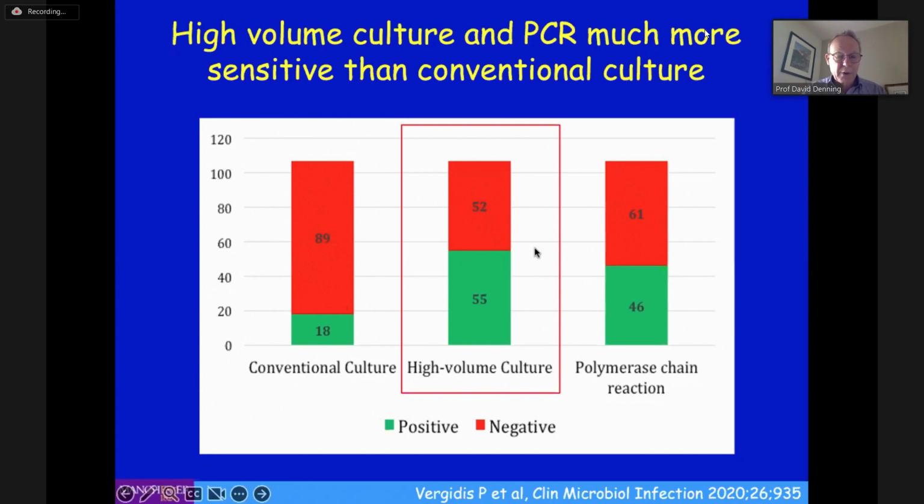If you do a high volume culture, so you plate at least a mil of sample, and you don't pre-process it with Sputasol or dithiothreitol, you get a higher yield, around 50%. You can also get a higher yield with PCR. And if you combine PCR and high volume culture, you get up to about 75%. It might have been higher if these patients had all been untreated, but in fact, some of them were on antifungal therapy when the samples were taken.